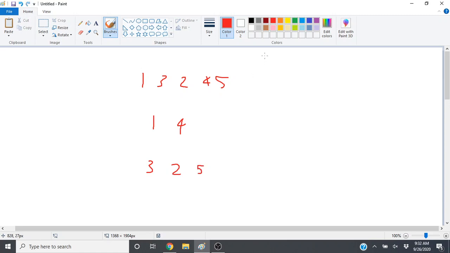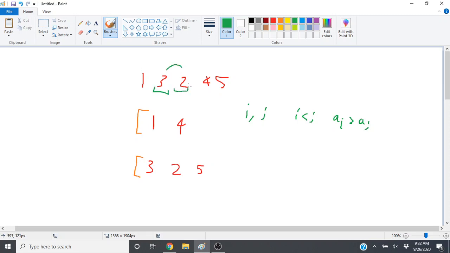In both these sequences, we're going to count the number of inversions. An inversion is basically a pair of indices i, j, where i is less than j, but a_i is greater than a_j. So for example, in this array, these are the only 2 elements that form an inversion.